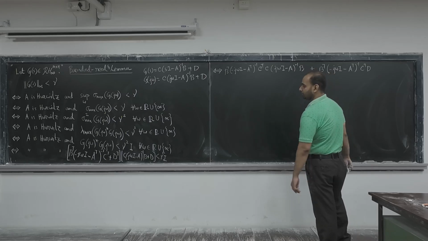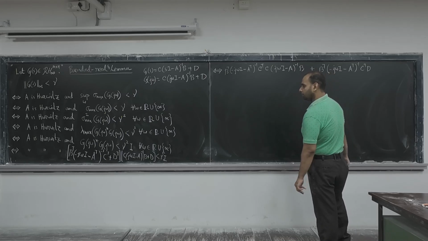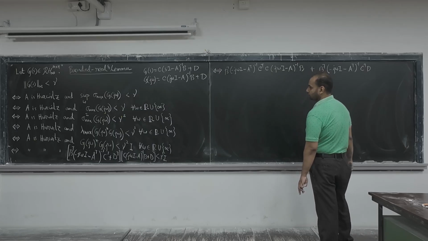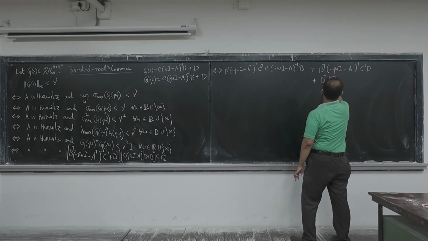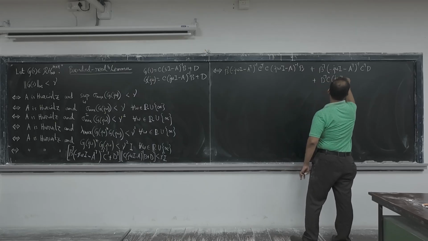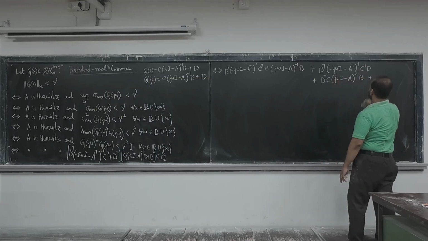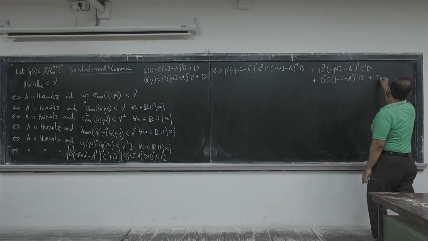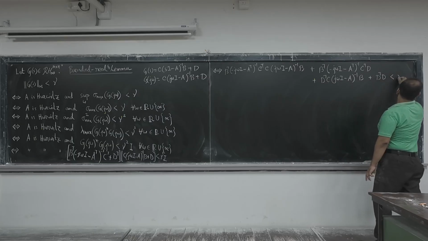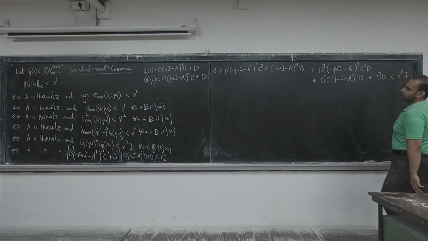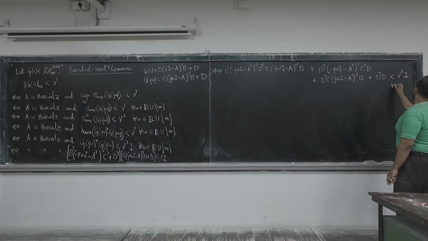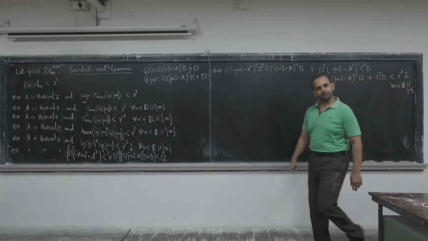We are going to have a similar term which will be D transpose C, where it will be j omega I minus A whole inverse into B. Yes, we will have D transpose D less than gamma square I for all omega. Isn't it?